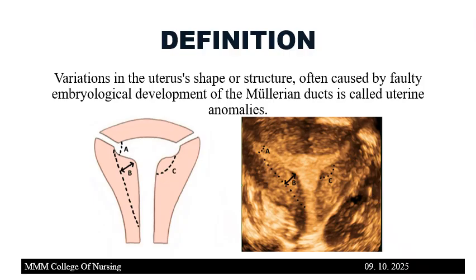The two ducts unite together during the embryology. This process of unification is very important in the formation of the cavity of the uterus. So any variations in the fusion of this embryological development cause faults in the structure and shape, which is called uterine anomalies.